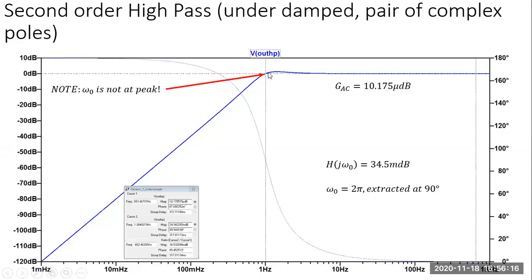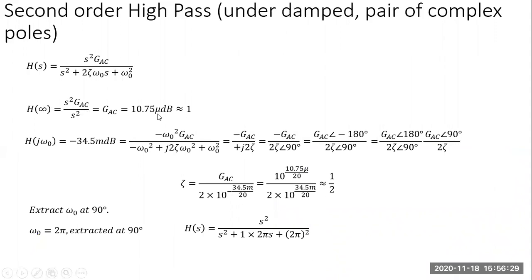I find omega naught and measure that spot right there, which is 34.5 millidB. So the AC gain is 1 minus 34, almost 0, but still, I get a damping coefficient of close to a half.